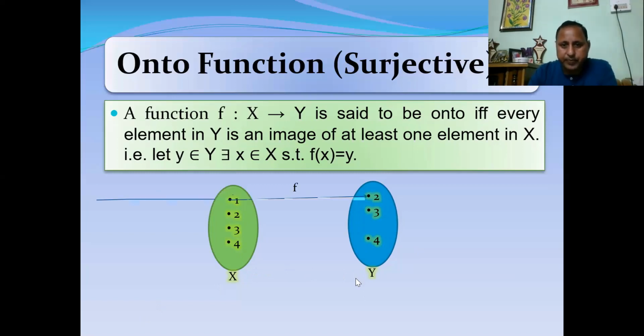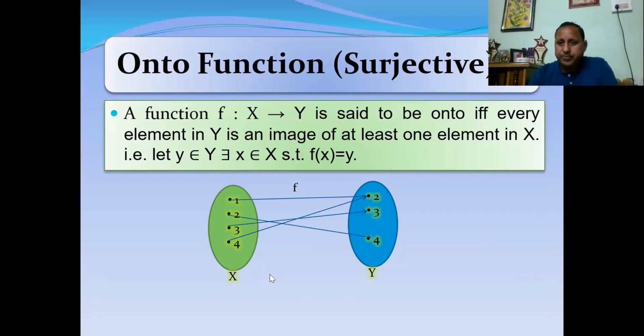Observe this rule: 1 is associated with 2, 2 with 4, 3 with 3, and 4 is associated with 2. First of all, always check whether this one is a function. Yes, this one is a function, because each element of set X is associated with a unique element of set Y.